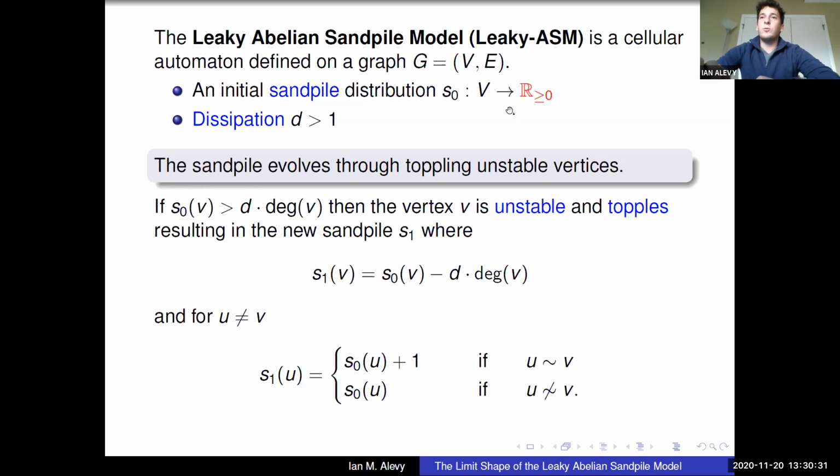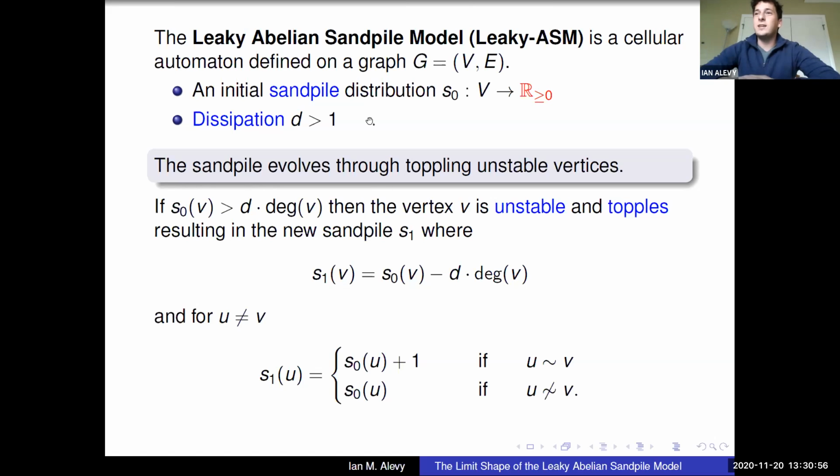I'm going to restrict to sand being greater than or equal to 0, but one difference from the usual abelian sandpile model is that I'm going to allow fractional or even real valued amounts of sand at sites.